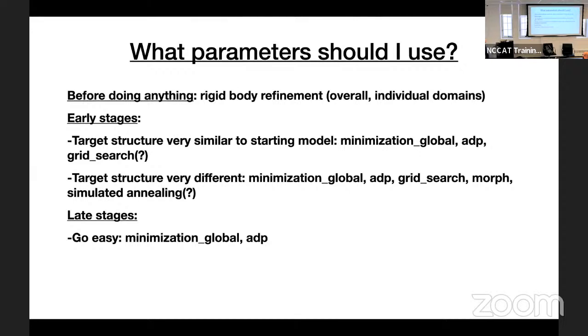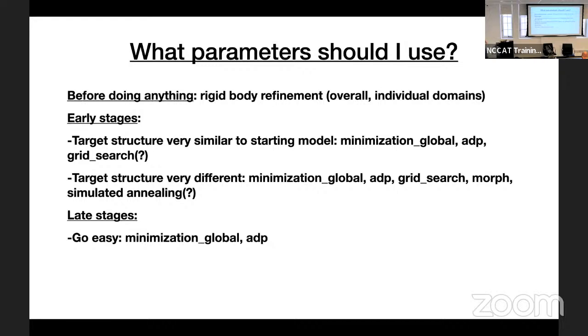Maybe this is similar to what we just talked through. I do always start with rigid body refinement. Often you've already fit your model pretty well into the map using something like Chimera. There's not really much risk in using rigid body refinement. It's never going to drastically move your model out of the map.